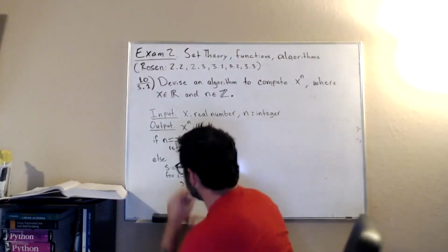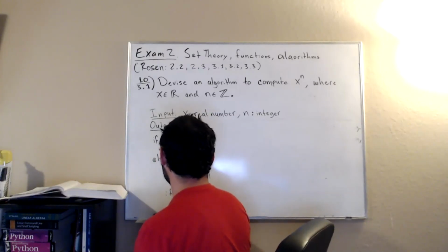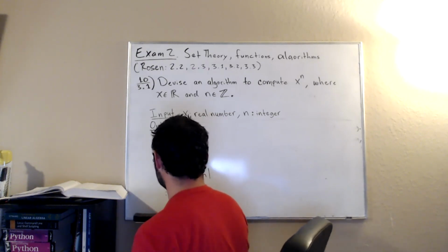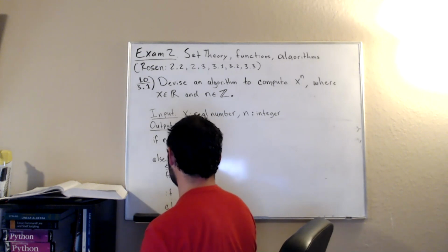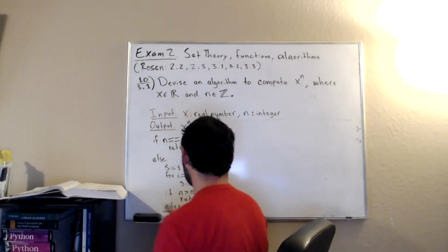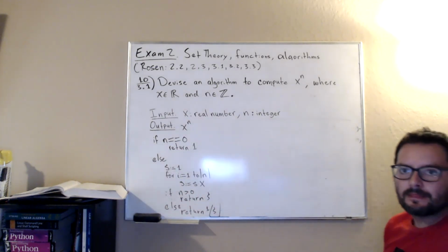And in here you would have your if statement. So if n greater than 0, return s. And then else, return 1 over s. Okay.